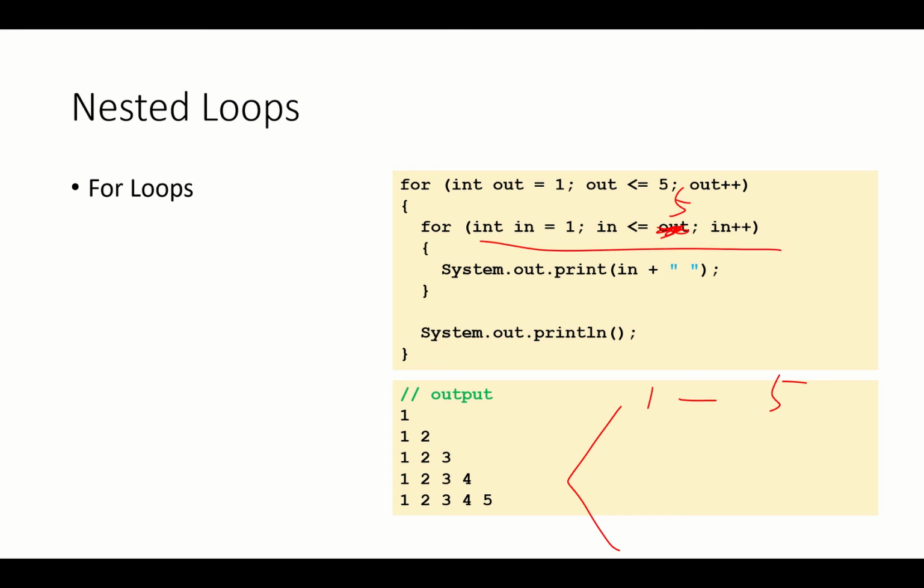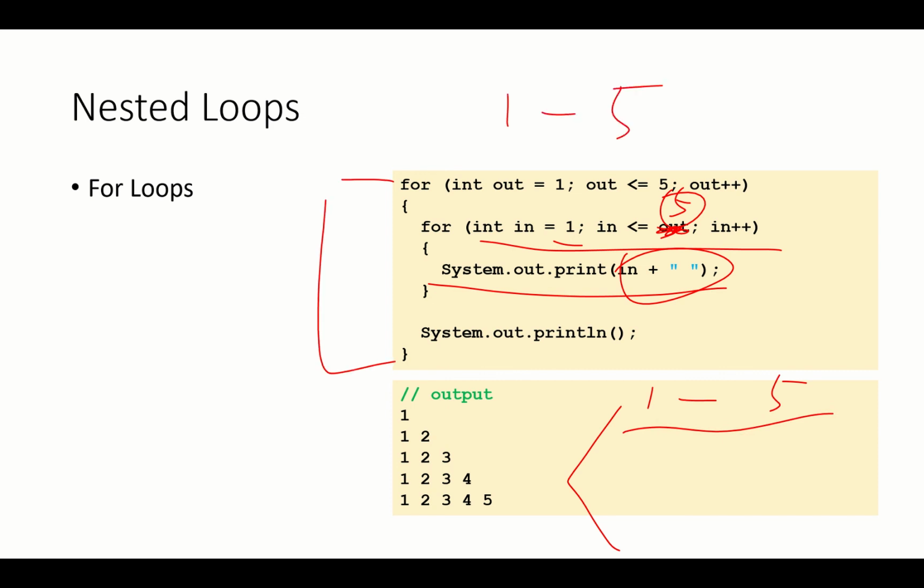Because this one, just to tell you, will print out 1 to 5, this index. Right? So it's from 1 to 5. And these outer loops, how many times? It's from 1 to 5. Basically 5 times.